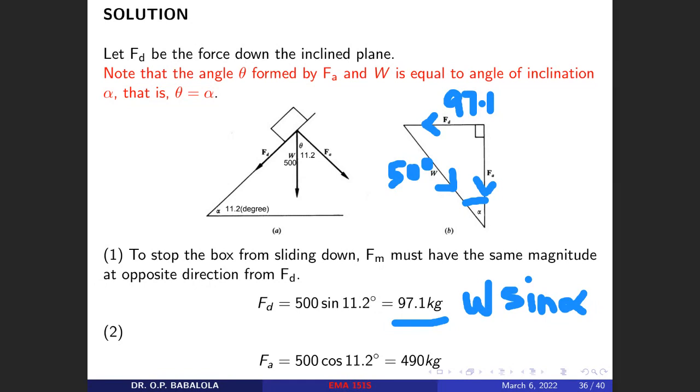Okay, so we're looking for FA. This is FA. We know theta. So we're going to use what? Trigonometry ratio. What trig ratio are we using here?